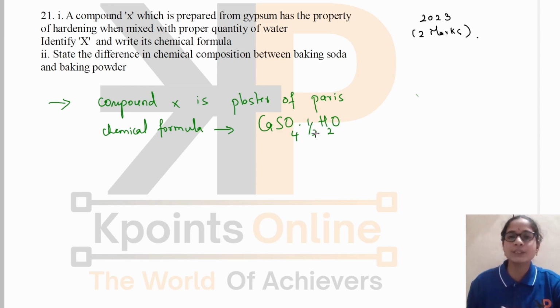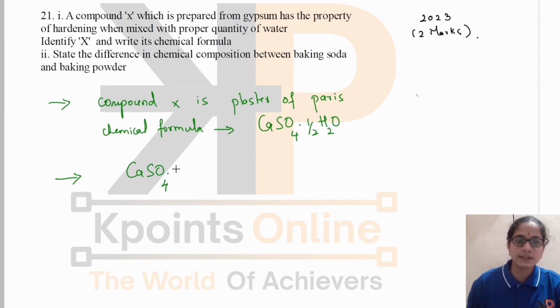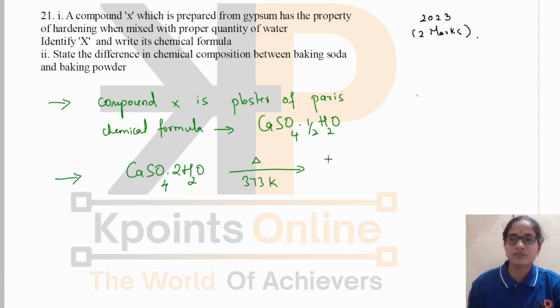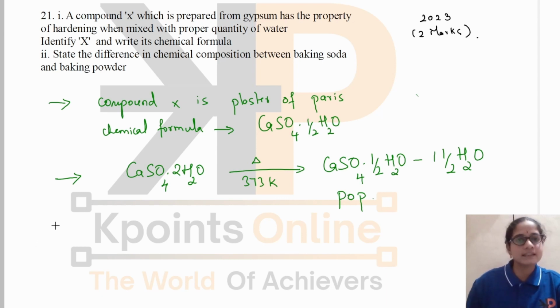Means in between two formula units of calcium sulfate, there is one water molecule of crystallization. How is it formed? It is formed by heating gypsum at 373 Kelvin. Then you can also write the reaction, how it has happened. When gypsum is heated at 373 Kelvin, we will get plaster of Paris. This is plaster of Paris. Okay. Then the next question is, this is the first question.